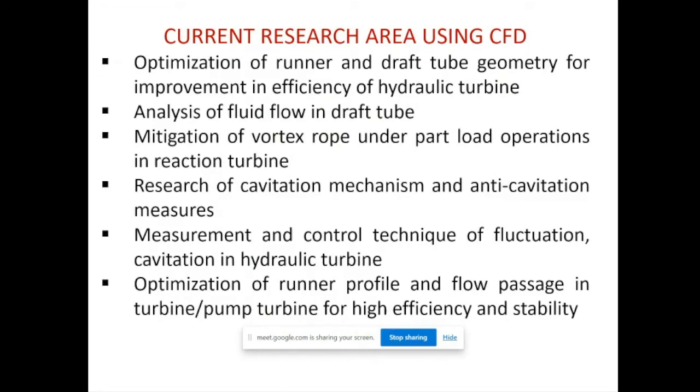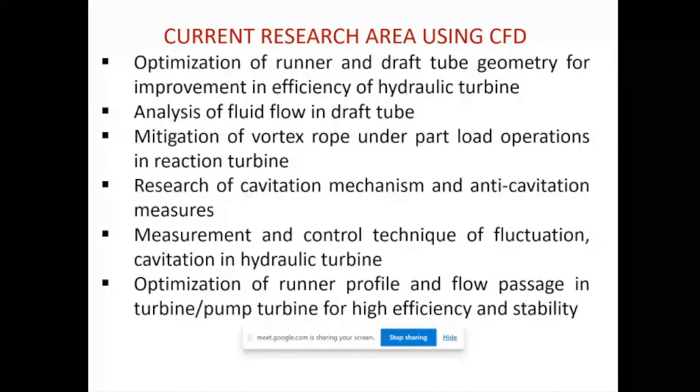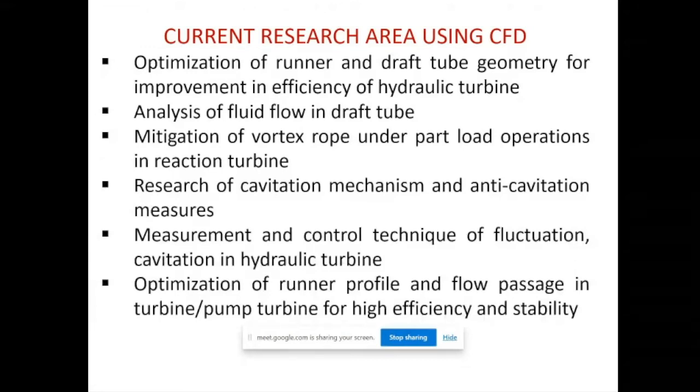We can propose a new runner profile so that we can get more efficiency. In that area we are working, and a lot of turbine manufacturers are also working. Before going for modernization and rehabilitation of that plant, they propose to install the new improved runner profile and draft tube profile. That can be done using CFD.